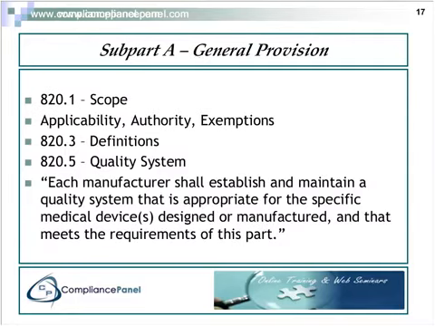So subpart A is the general provision, and basically it's the scope, any definitions, and 820.5 gives you the quality system, which basically gives you the law. Each manufacturer shall establish and maintain a quality system that is appropriate for the specific medical devices.